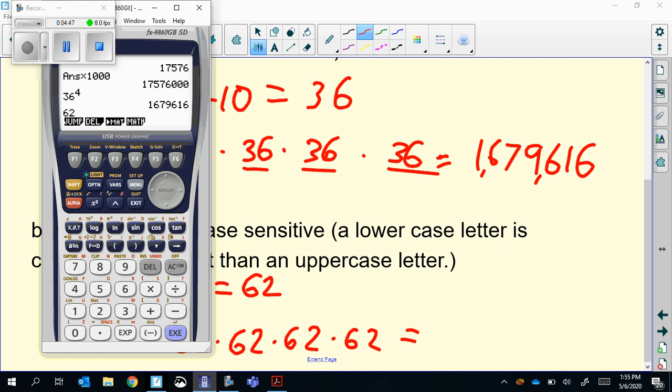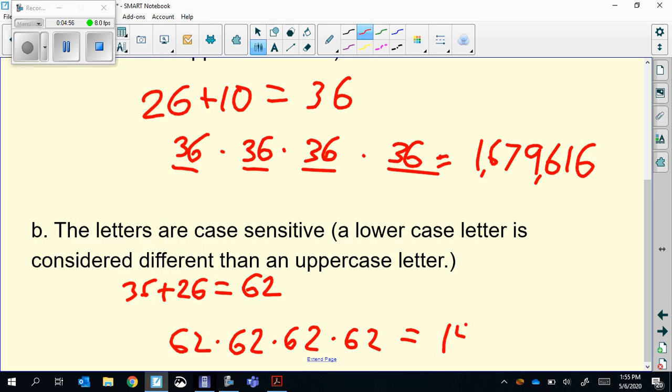So 62 to the 4th power, 14,776,336. 14 million options, almost 15 million.